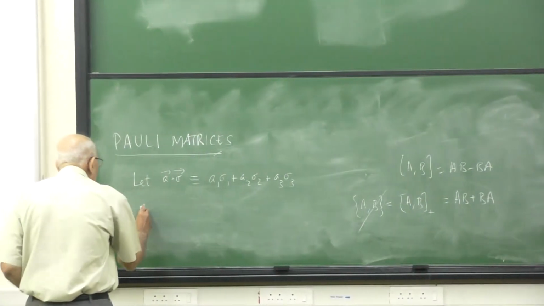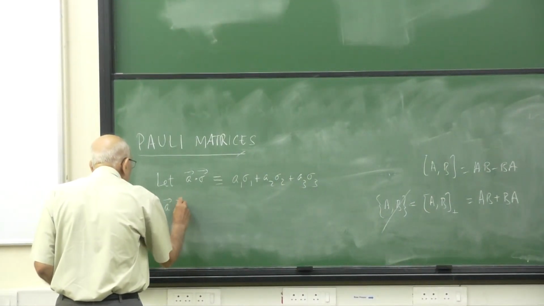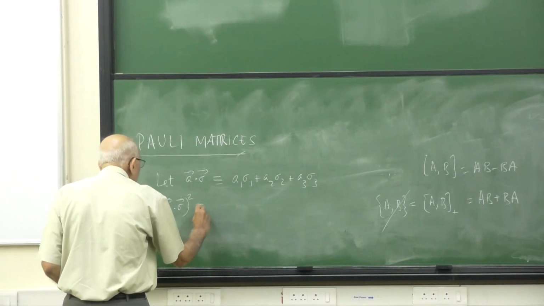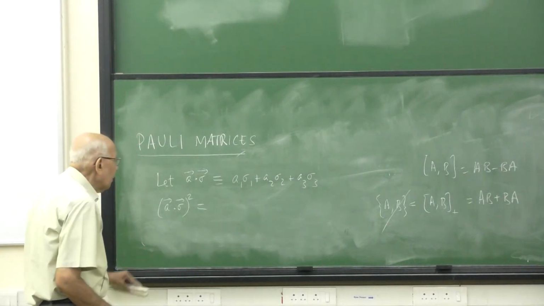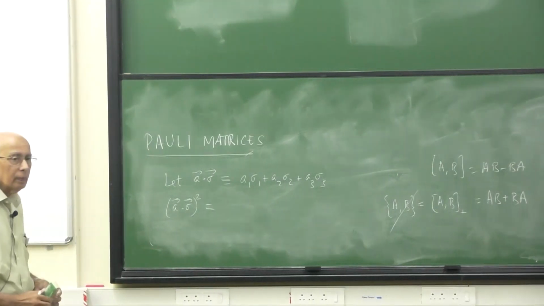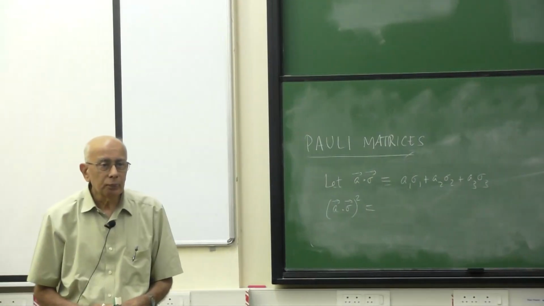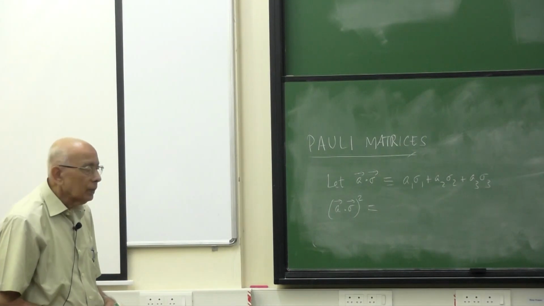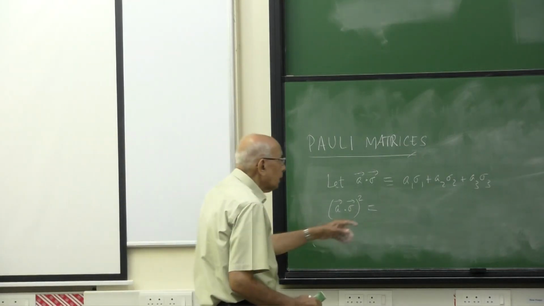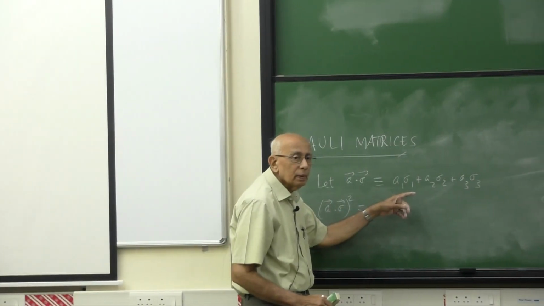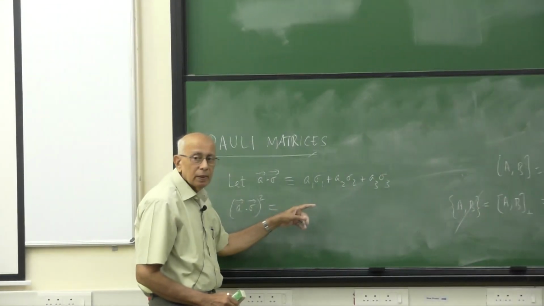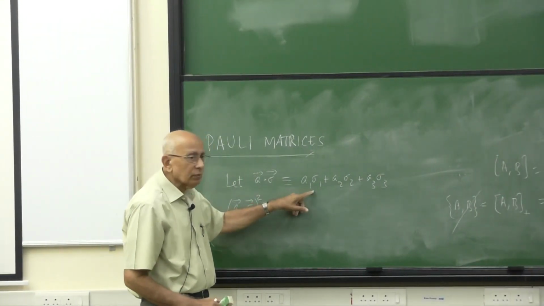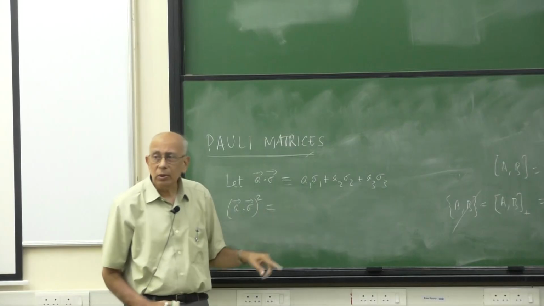What's the square of A dot sigma? Well, I have to write this out and square it. The first term will be the square of this one. What is sigma 1 squared?